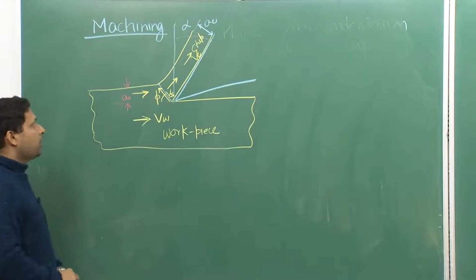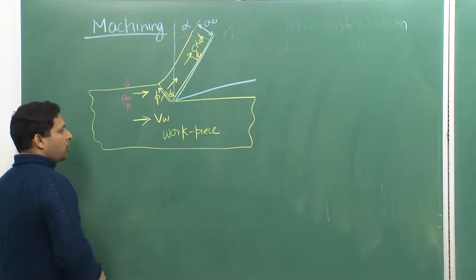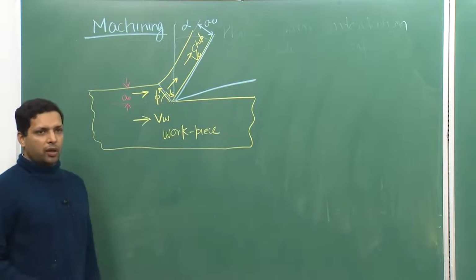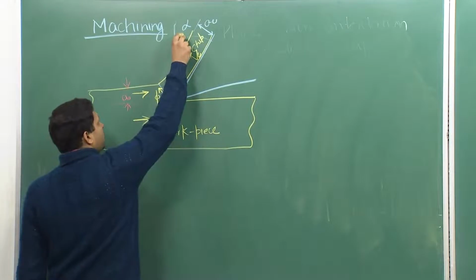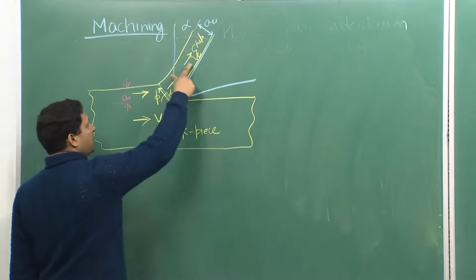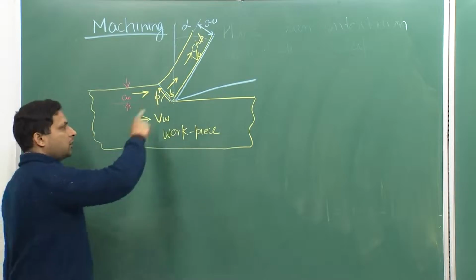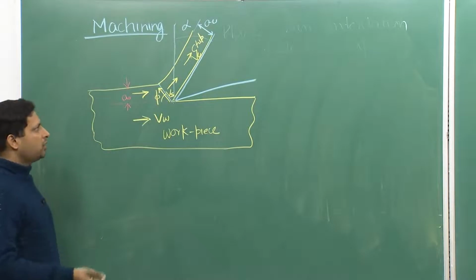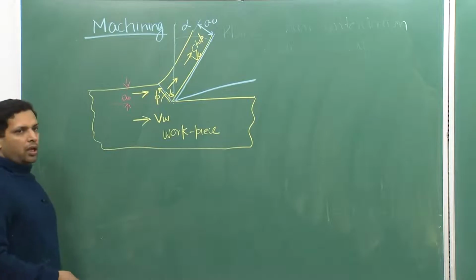Let us represent it by phi. So, when we are talking about deformation during machining, these two angles become very important, alpha and phi, and another important factor becomes your ratio of chip thickness, the uncut chip thickness to the cut chip thickness, which is A naught by AC.